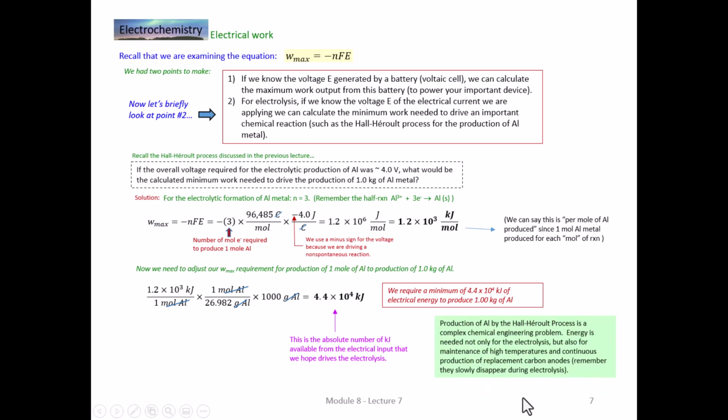Production of aluminum by the Hall-Héroult process is a pretty complex chemical engineering problem. Energy is not only needed for the electrolysis, which is what we just calculated, the energy needed to produce a mole of aluminum metal, but you also need energy for maintaining high temperatures and the continuous production of replacement carbon anodes, because remember, they slowly disappear during the electrolysis.